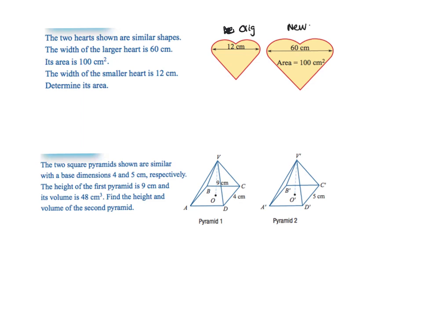So I'm going to say it's 60 over 12. That would be K, but they want me to find an area, so I'm going to square it. And I've got the 60 on the top, so its area will be on the top here, the new, over, I don't know what the area of the little one is, so I'll call that X. So once you do that, you can type in solve and comma X.